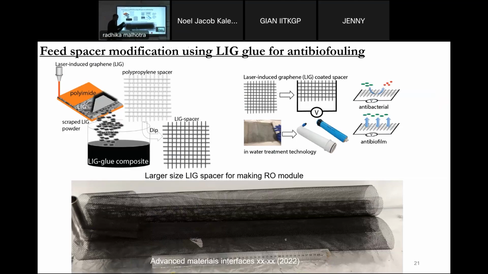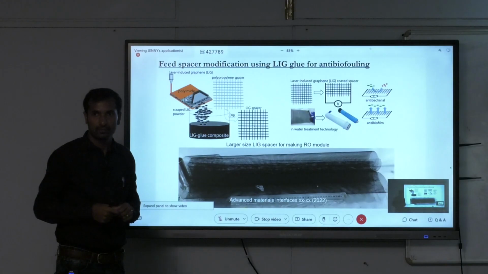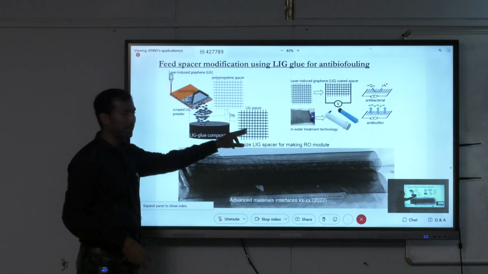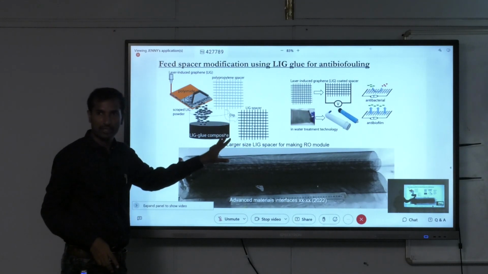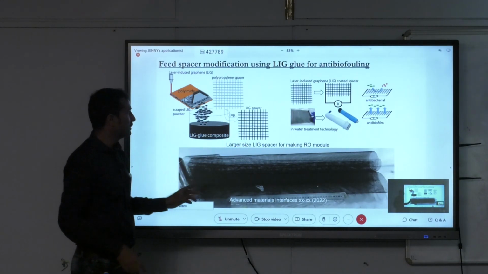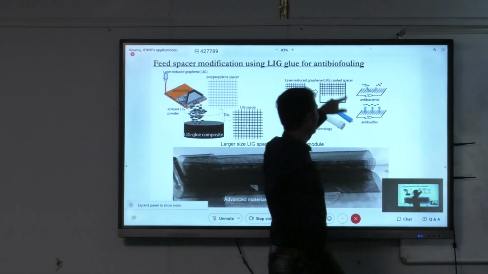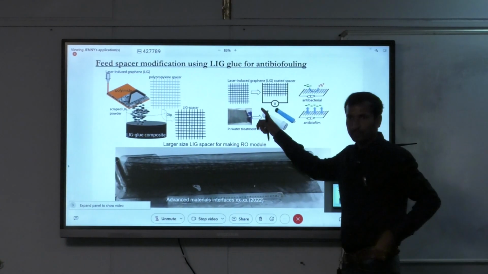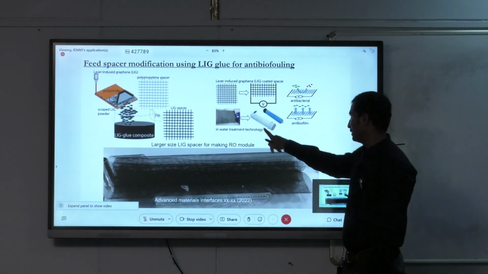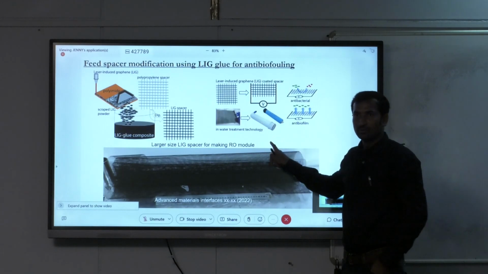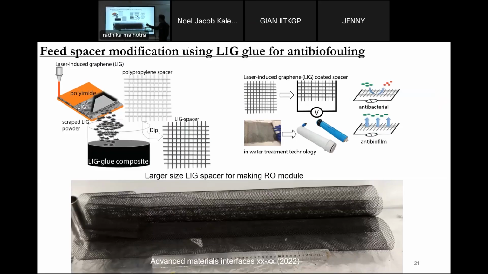We mixed it with the glue and made it a conductive glue. Then we simply did dip coating on the existing polypropylene spacer, and made it electrically conductive. Then we adapted this spacer into the spiral wound module and demonstrated that it was working very well. Recently this paper came out in Advanced Materials Interfaces.